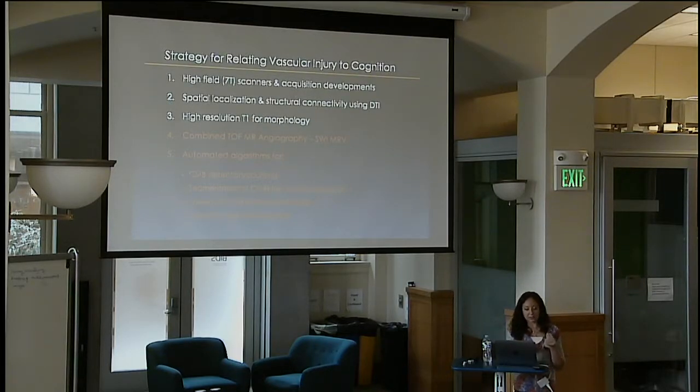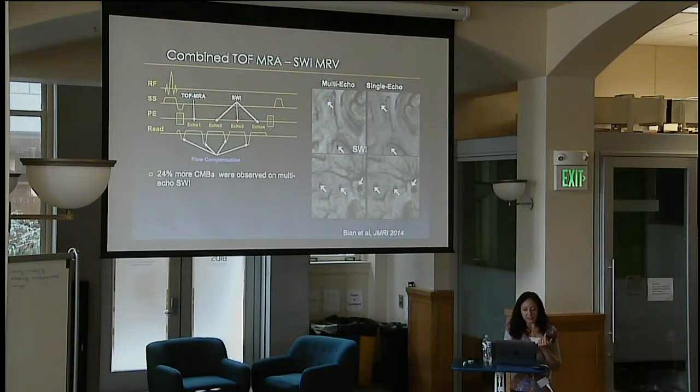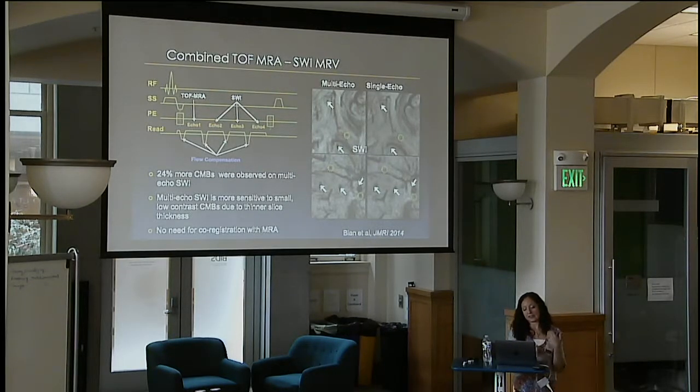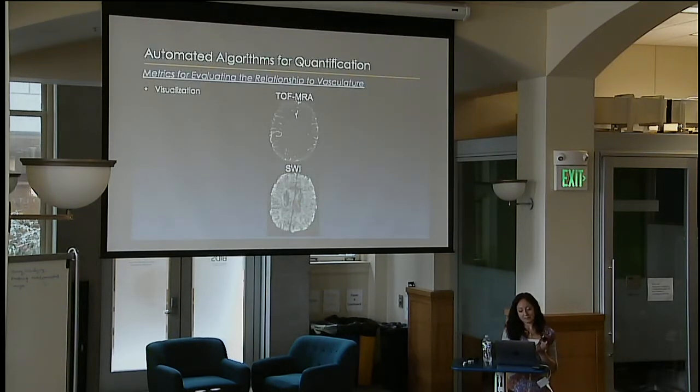So we have a protocol for a strategy of how to relate vascular injury to cognition, but I'm going to focus here on our automated algorithms for CMB detection and segmentation of the vasculature. We have a sequence that lets us look at the microbleeds, veins, and arteries at the same time.